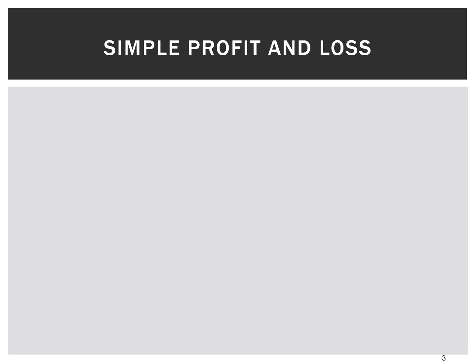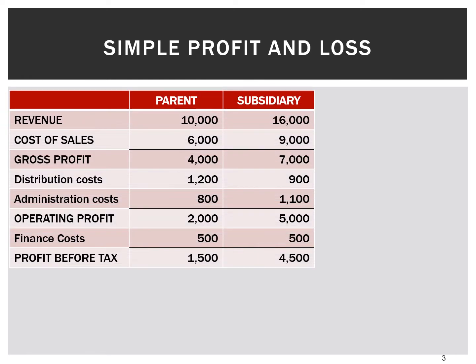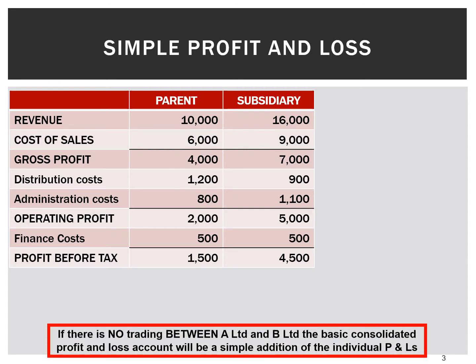Now here's an example of a very simple profit and loss account situation. We've got the parent company's profit and loss account and the subsidiary company's profit and loss account as they would appear in the individual financial statements of those companies.